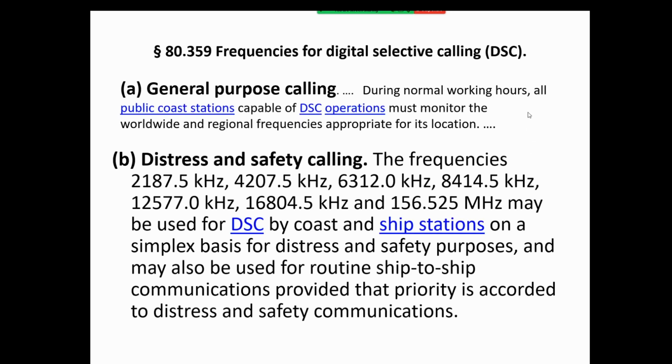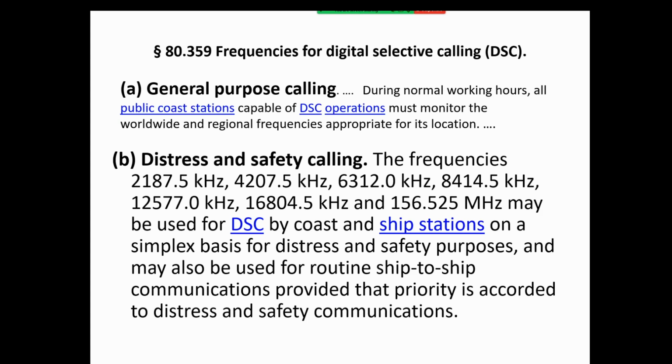First of all, we're going to take a look at this regulation in Part 80. It's subsection 359, frequencies for digital selective calling, the DSC service. During working hours, all public coast stations capable of DSC operations must monitor the worldwide and regional frequencies appropriate for its location.